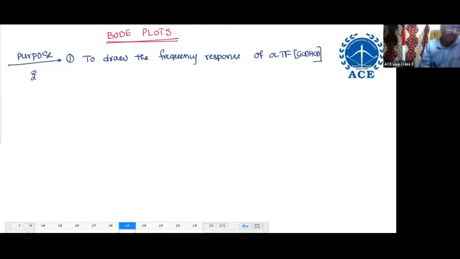Second, to find the closed loop stability.